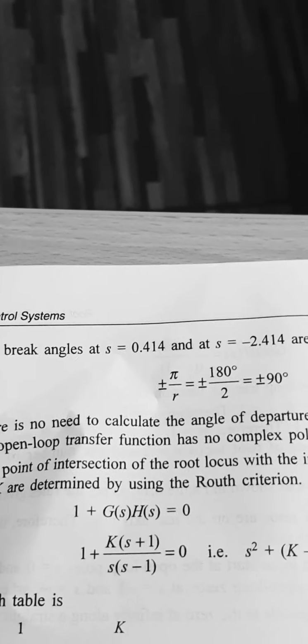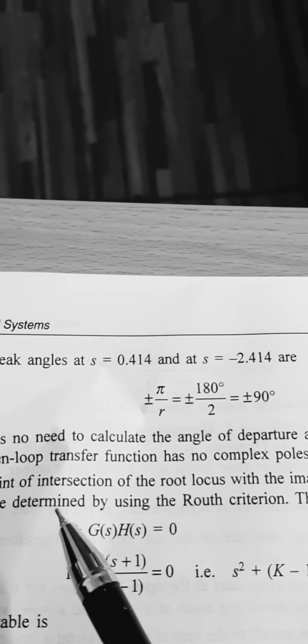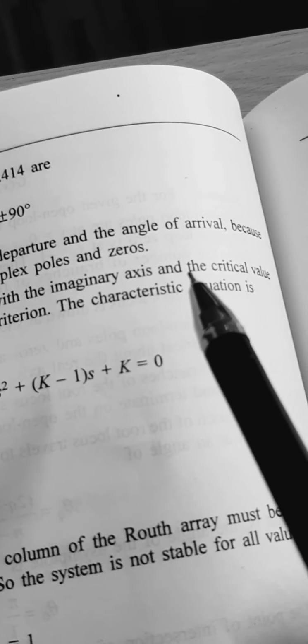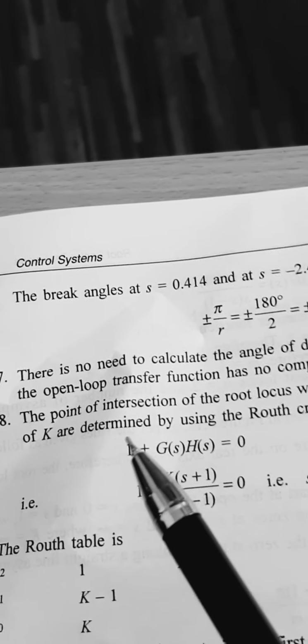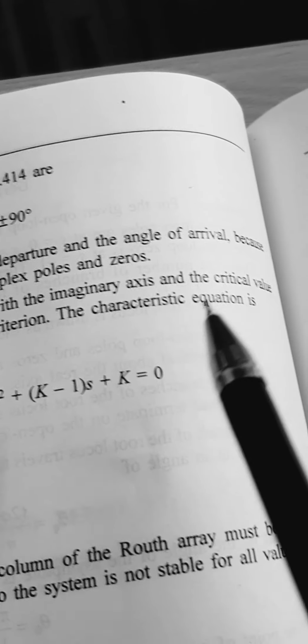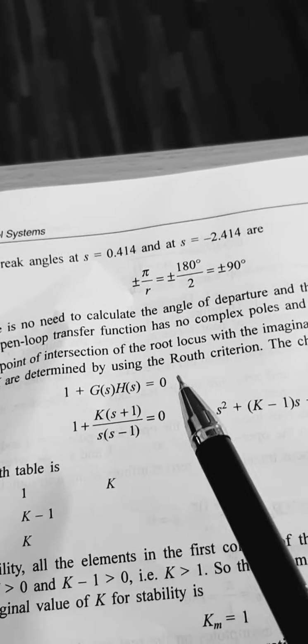Next, I think this is rule number 7: the point of intersection of the root locus with the imaginary axis and the critical value of k are determined by using the Routh criterion. The characteristic equation is 1 plus G(s)H(s) equals 0.